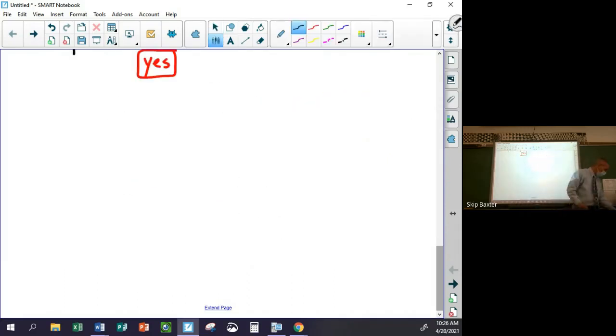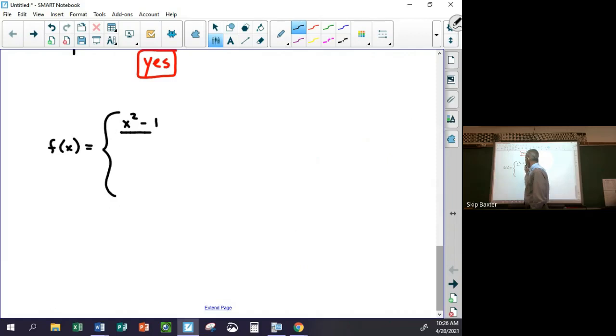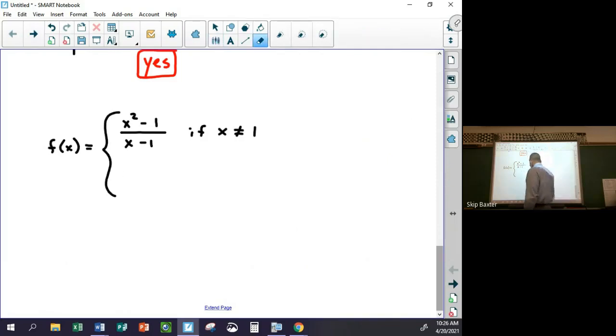How about this one? What about f of x equals x squared minus 1 over x minus 1 if x does not equal 1, and 2 if x equals 1.